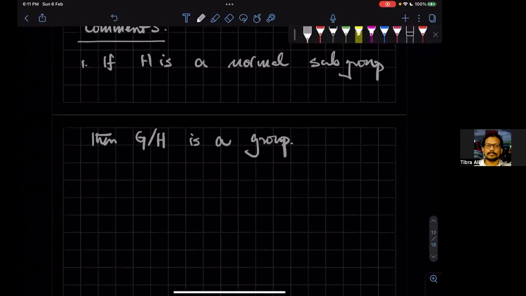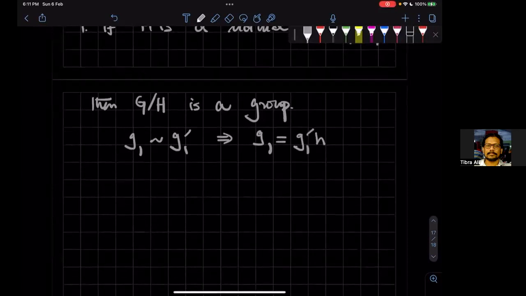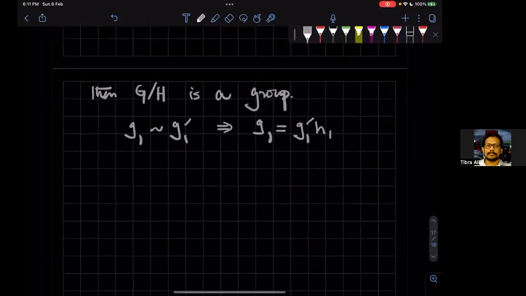Okay. And how does this work? So if, for example, say g1 and g1 prime are in the same coset, that means that we can write g1 as g1 prime h1.